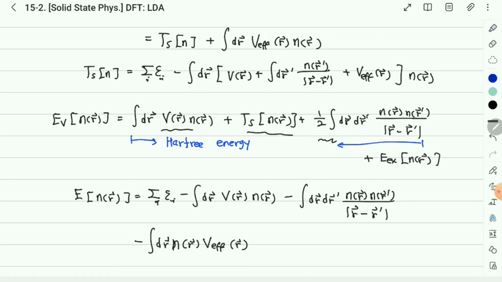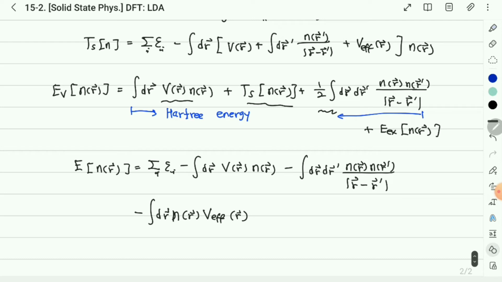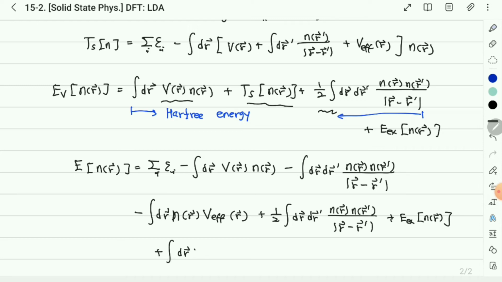It is a T_s term, and it is only T_s, so we should include the exchange in this, plus 1/2 the integral dr prime n(r prime) over |r minus r prime|, and also plus the exchange energy E_x[n(r)], and finally this term, plus the integral dr v(r) n(r).